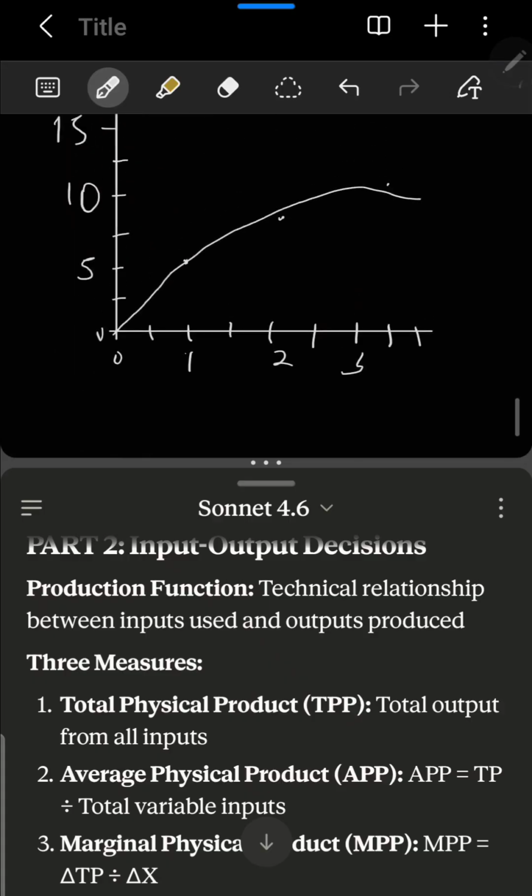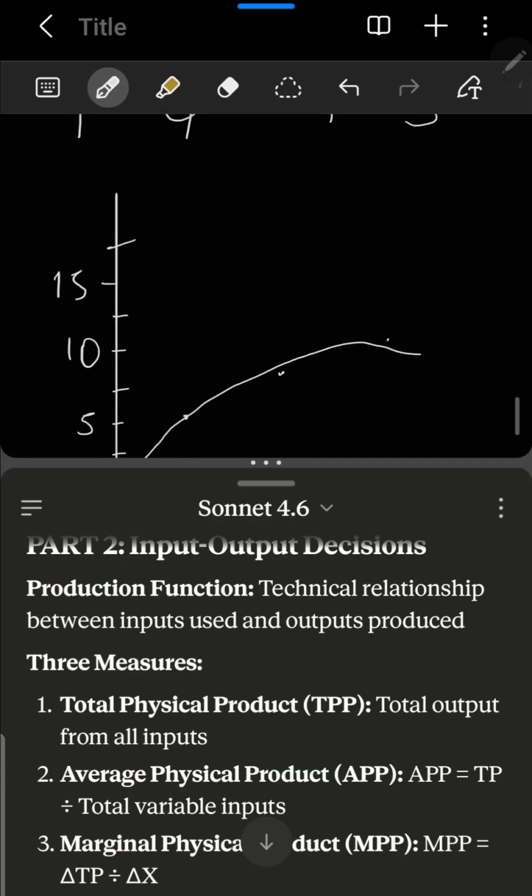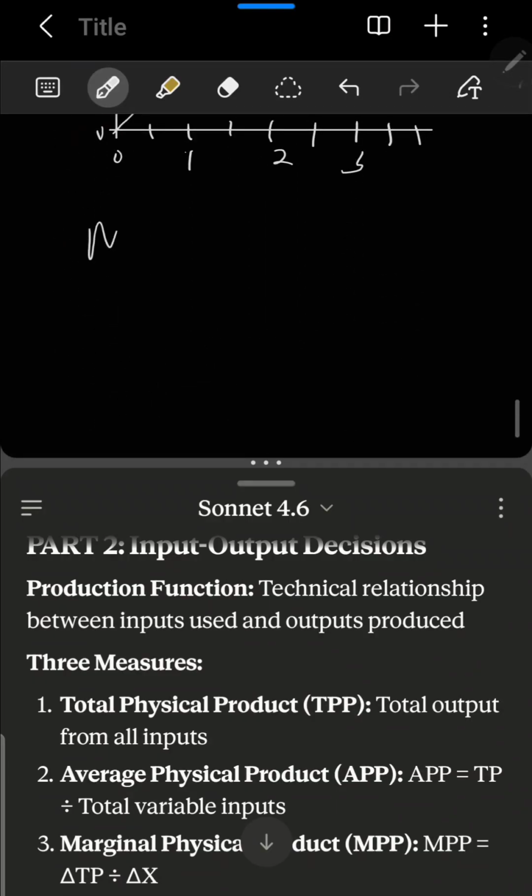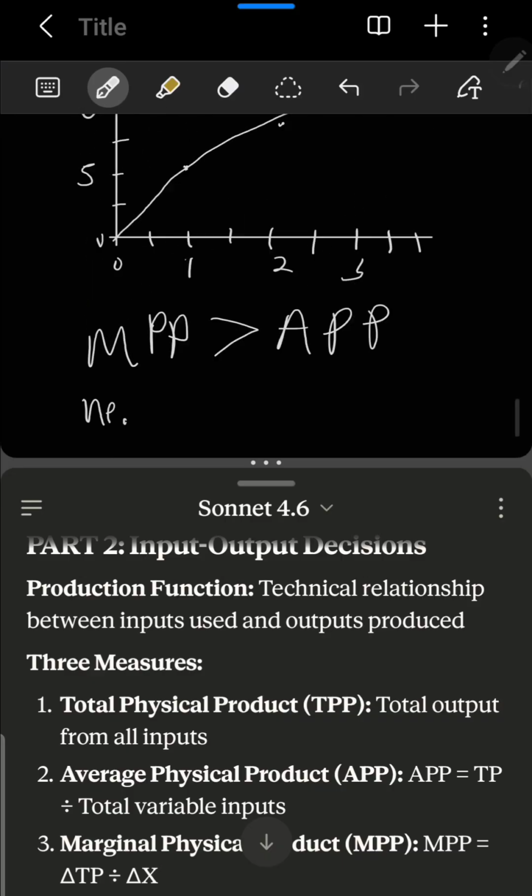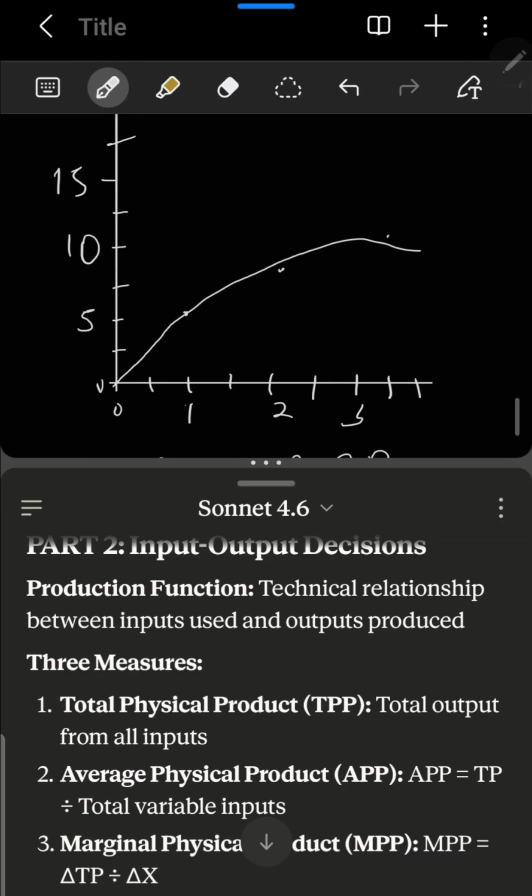And now there's a point, still with the marginal physical product being less than average physical product, where we reach a point where the marginal physical product is negative. It keeps reducing until it's negative.